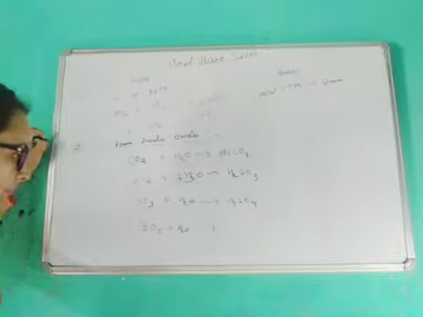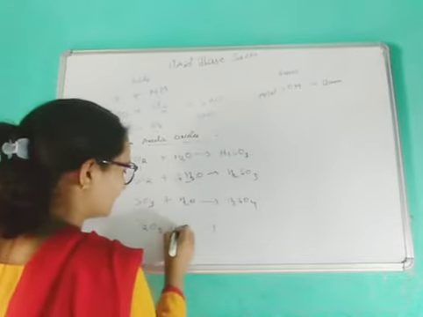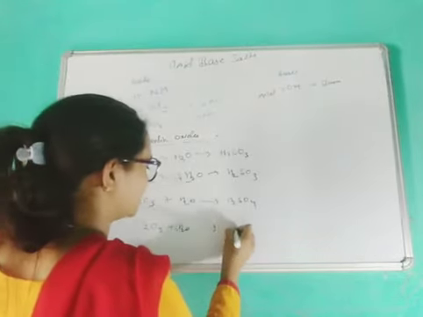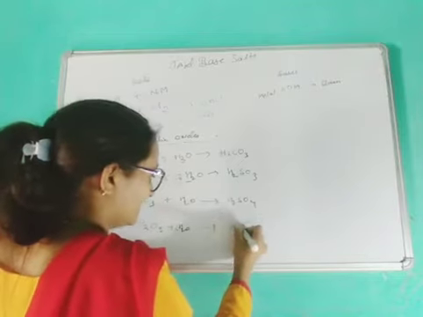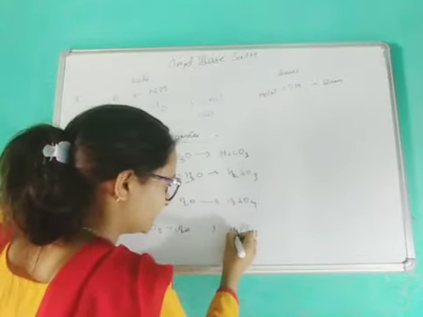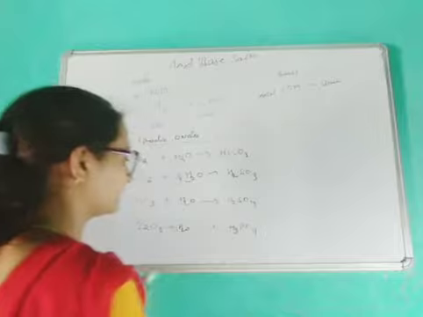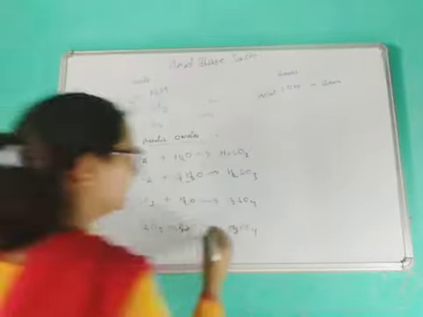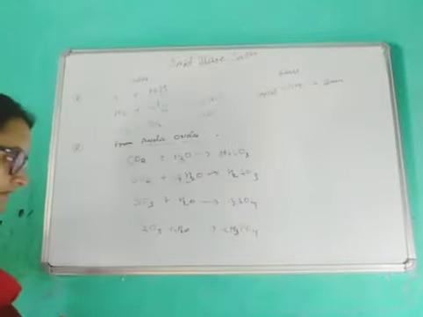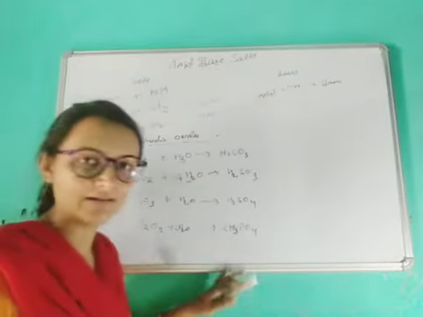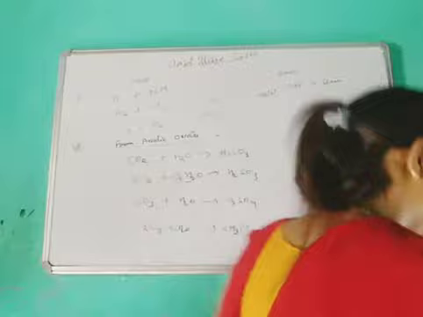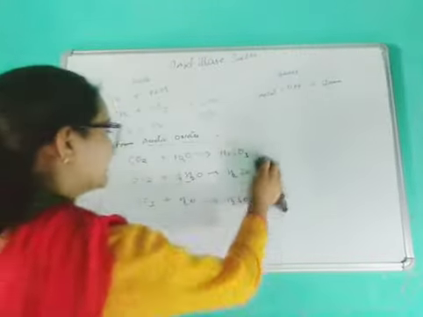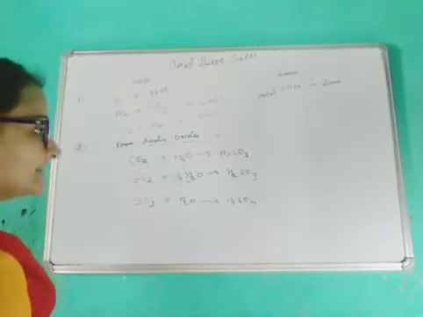Here you have to take 2 molecules of it, so it will become 2H3PO4. You know how to balance the reactions. So these are the acids from acidic oxides.